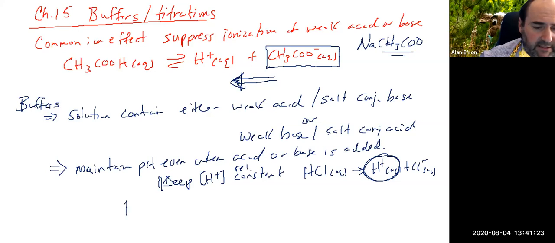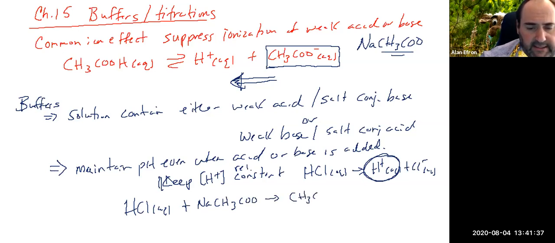If we take that same HCl and put it into an acetic acid sodium acetate buffer, for example, it would react with the sodium acetate, which is the base part of the buffer, and it would end up making acetic acid and a little sodium chloride.